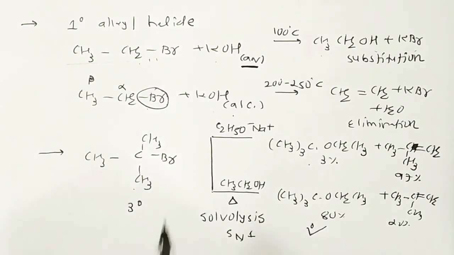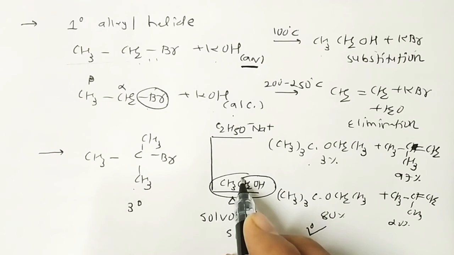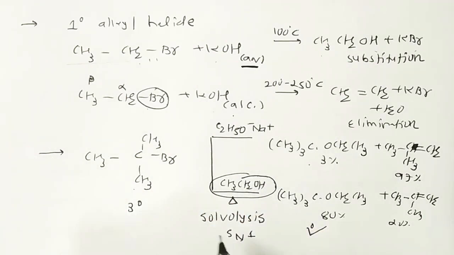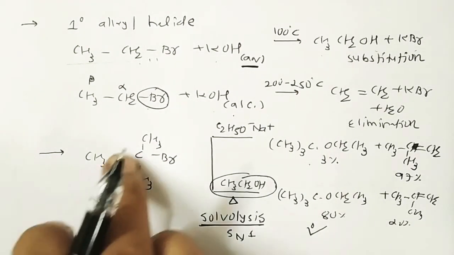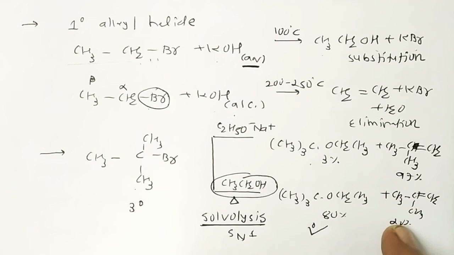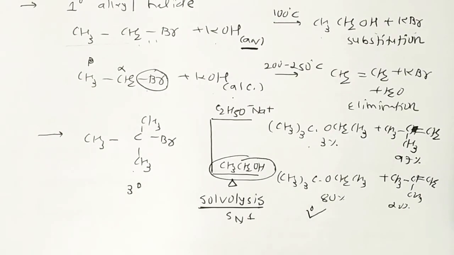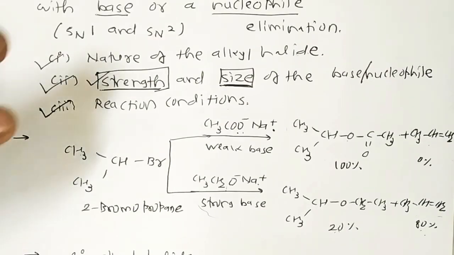Why? Because in this type of reaction the ethanol is a solvent, but the solvent acts as a nucleophile too, so this process is called solvolysis, and the solvolysis of tertiary alkyl halide occurs by the SN1 mechanism.